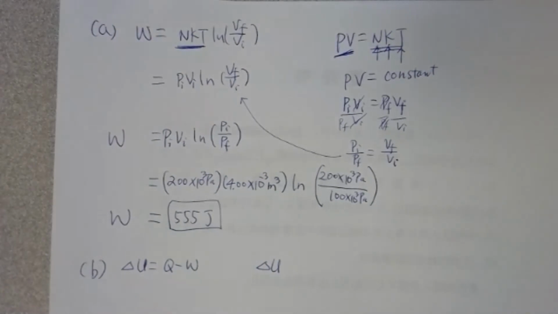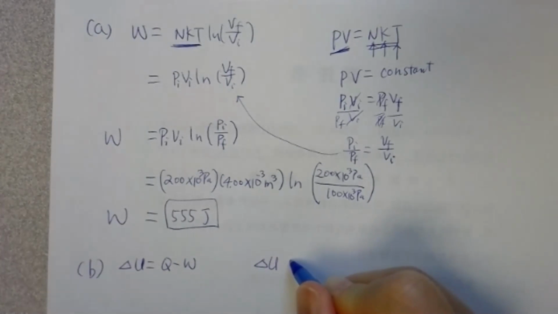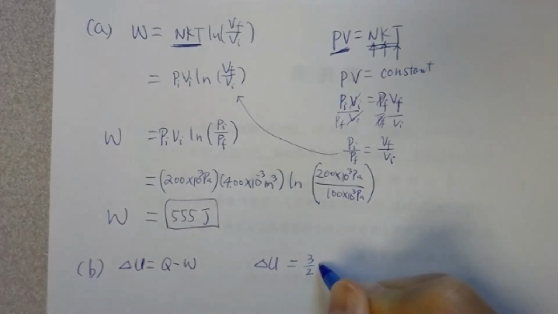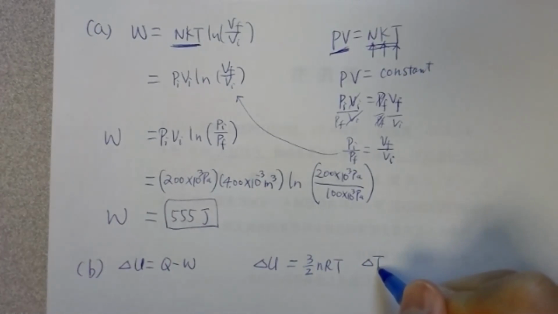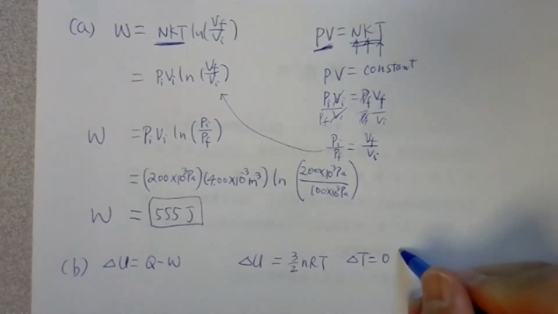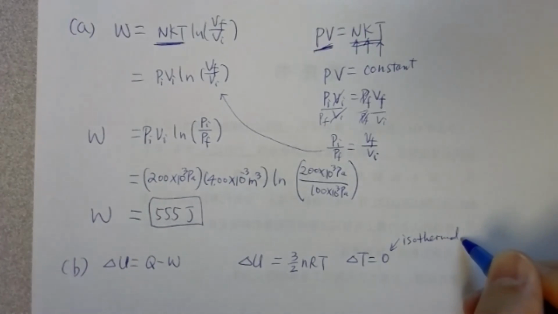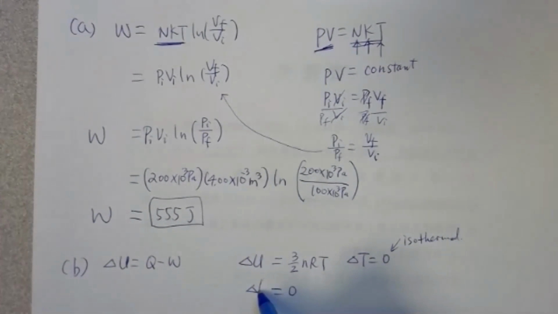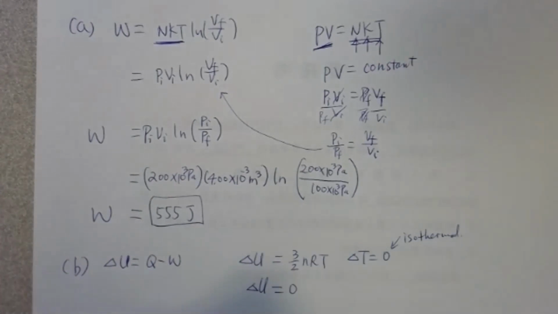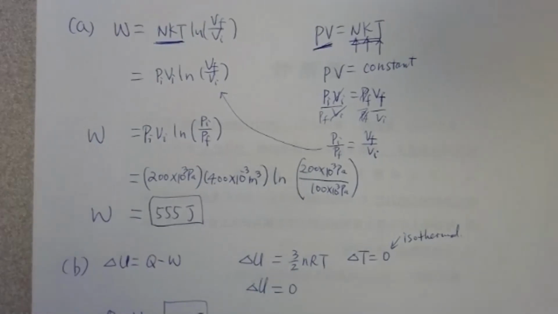For an isothermal process, delta U is equal to 3/2 nRT delta T. If delta T is equal to 0, which means isothermal, then your delta U is going to be equal to 0. So that means Q is going to be equal to W, equal to 555 joules.